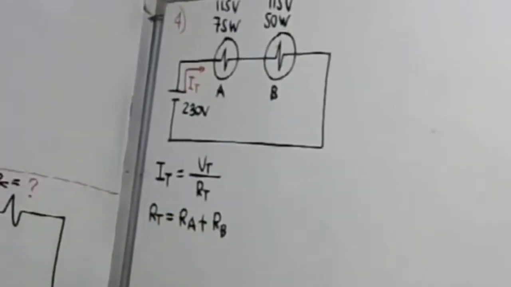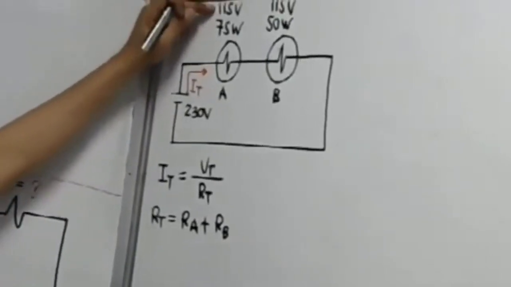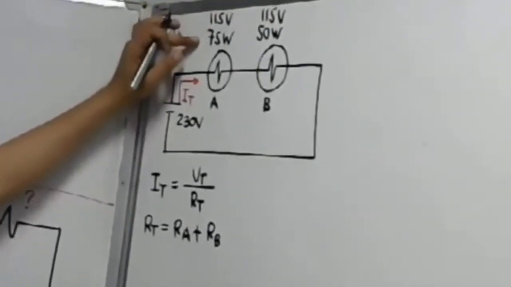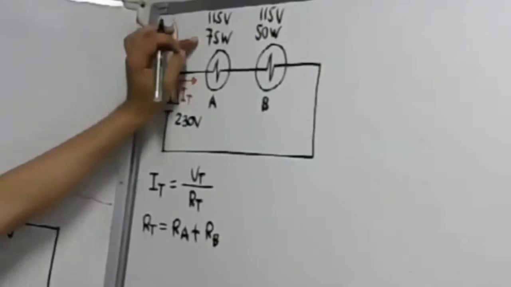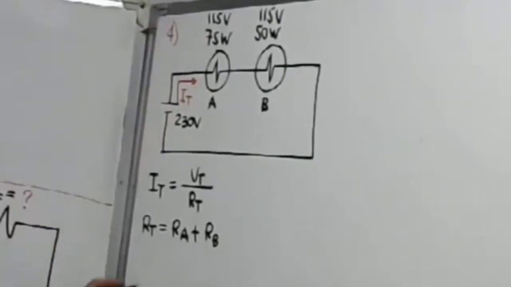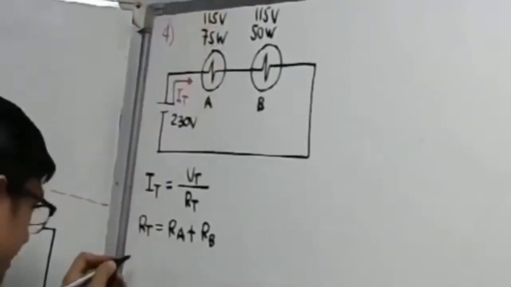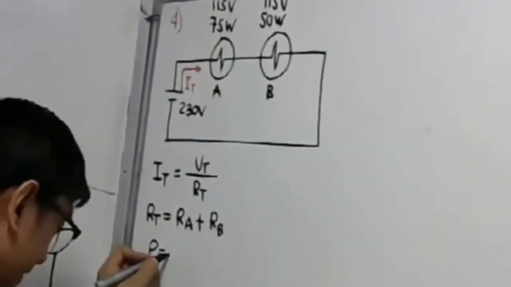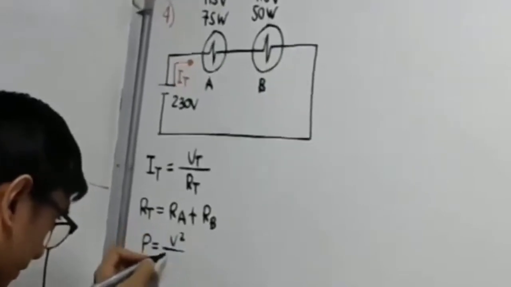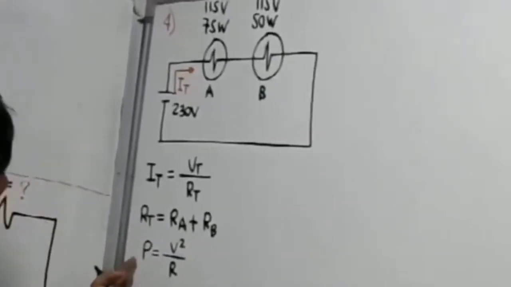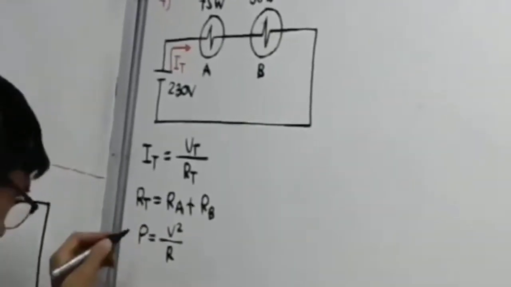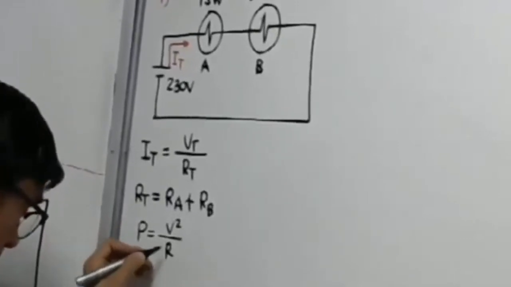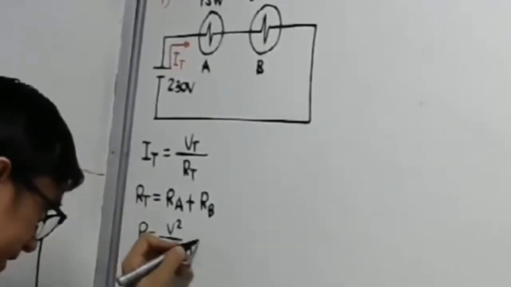Now, given the voltage and the power, how do we solve for the resistance? Let's say for lamp A, we have a basic formula for power, that is P equals V squared over R, isn't it? So let us have the formula for the resistance.